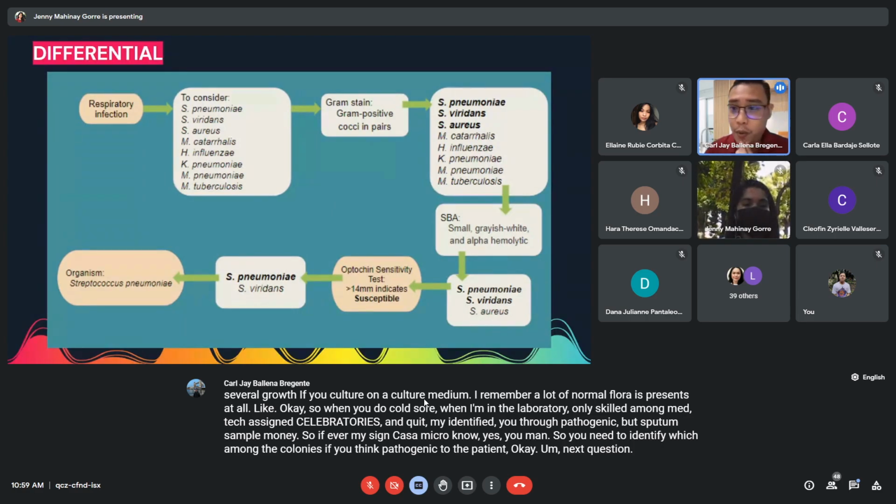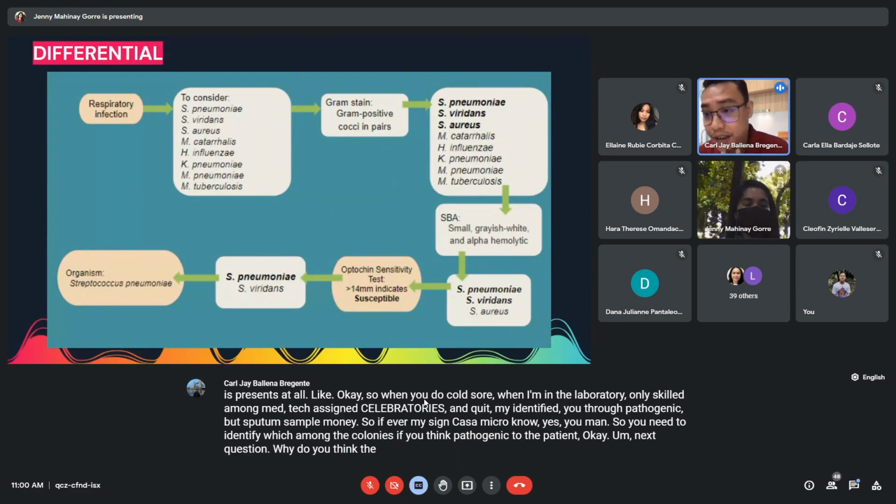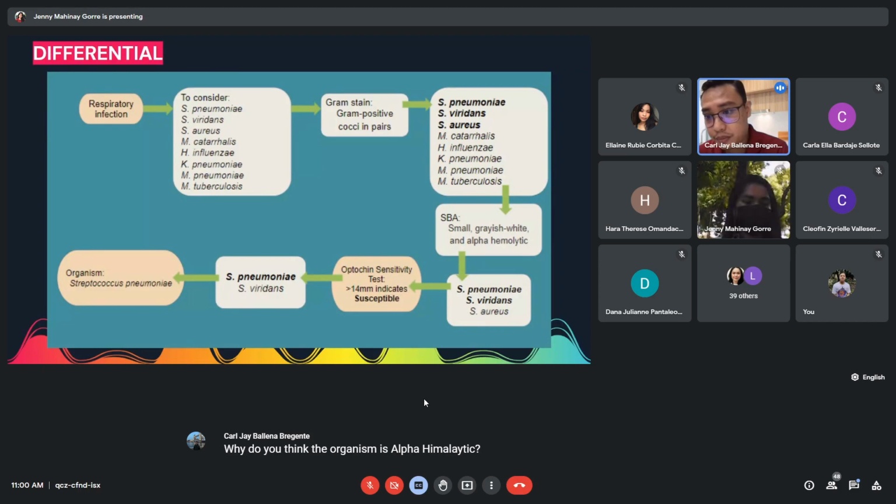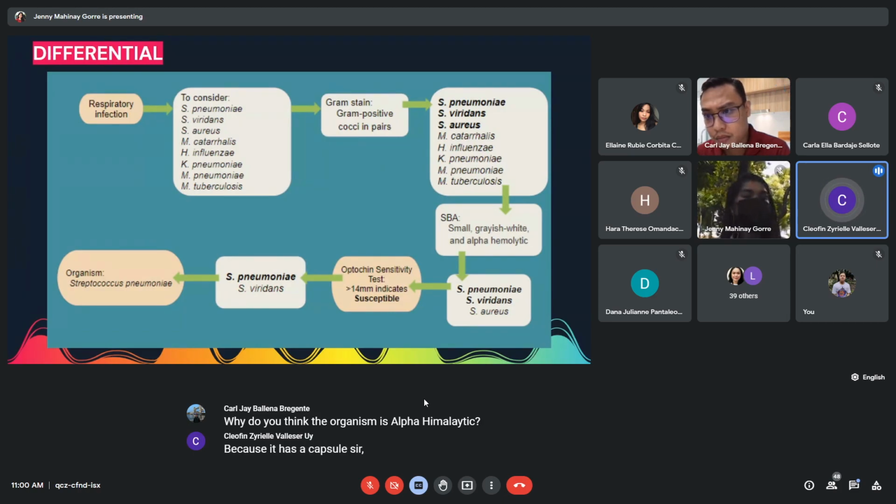Next question. Why do you think the organism is alpha hemolytic? It's because it has a capsule, sir, and the colony is mucoid.